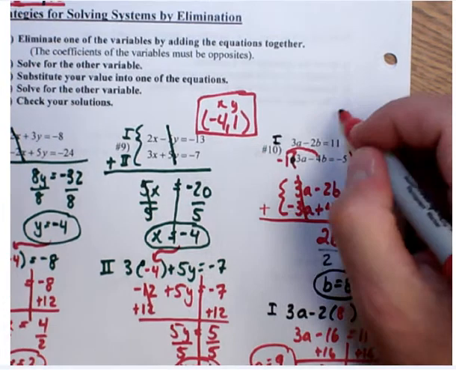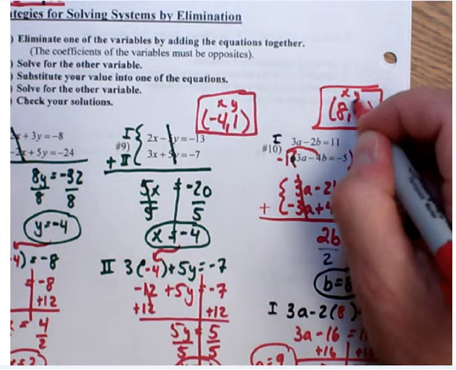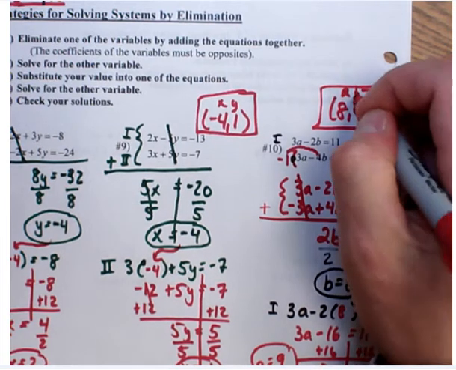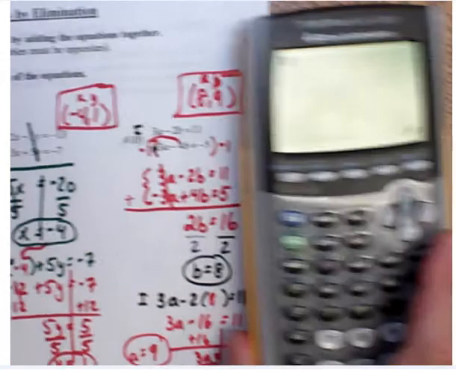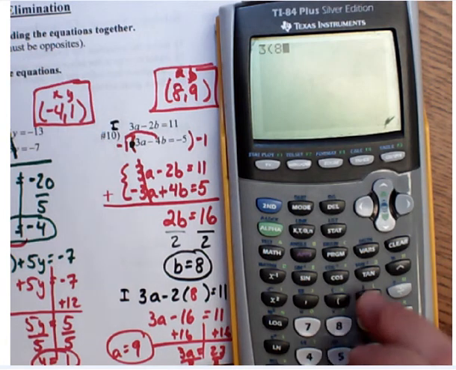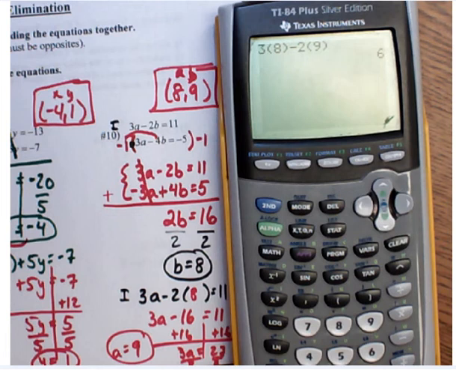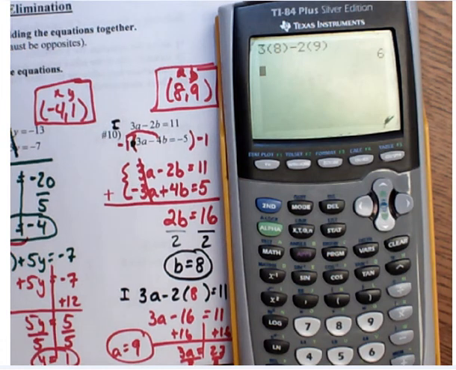And again, if you check this, 9 comma 8 for a, b, whoops, this is a, b, not x, y. Let's take a look at it here. So the top equation was 3 times a minus 2 times b, and it's supposed to give us 11. Oh, you know what I did?